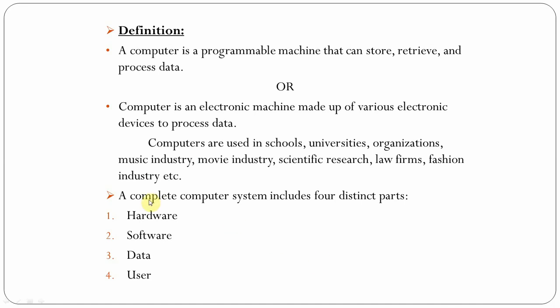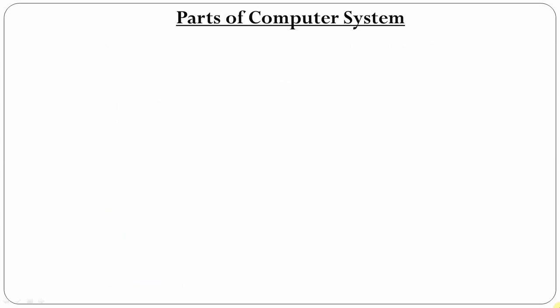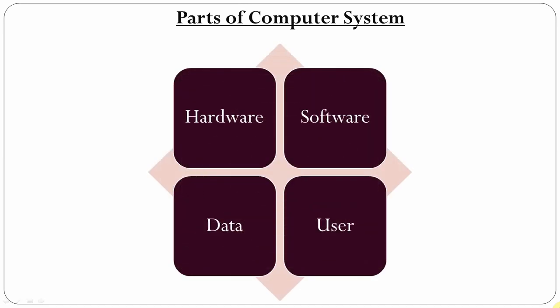Next, a complete computer system includes four distinct parts. First part is the hardware. Second is the software. Third, data. And fourth, user. We will see one by one. First is the hardware.